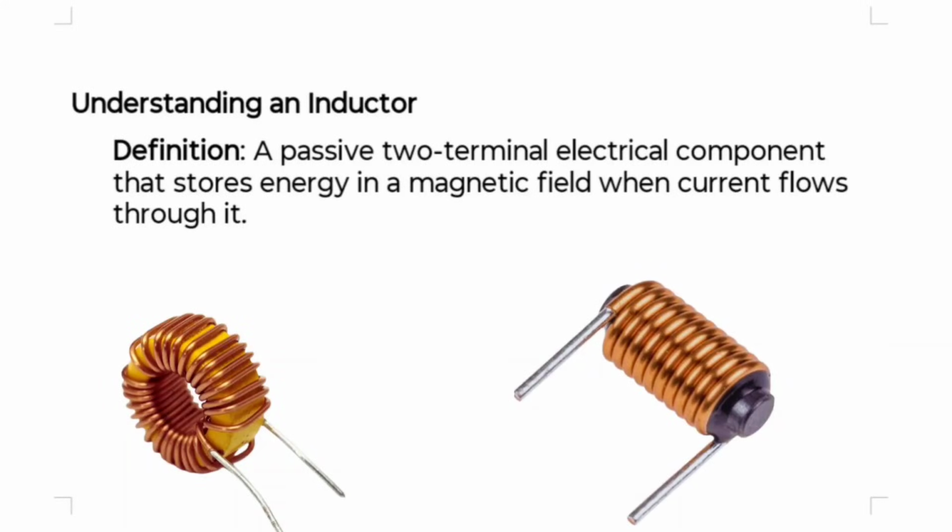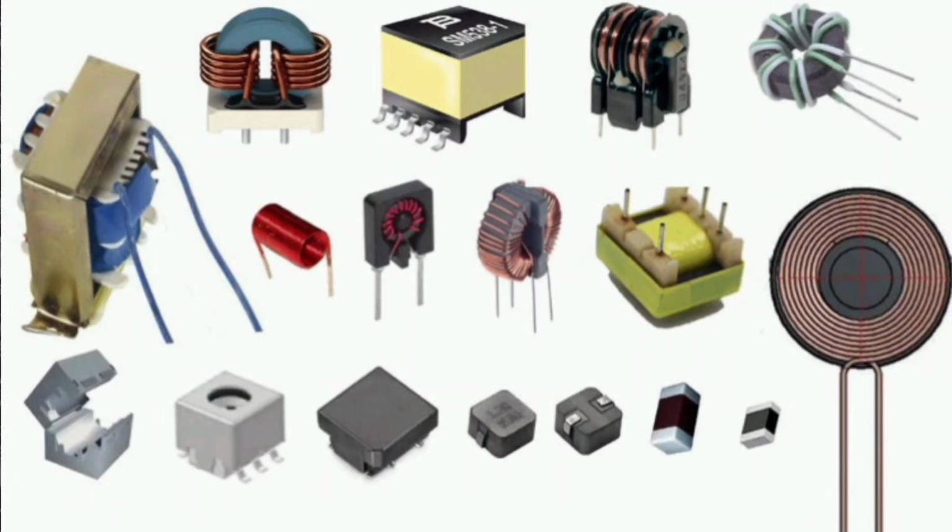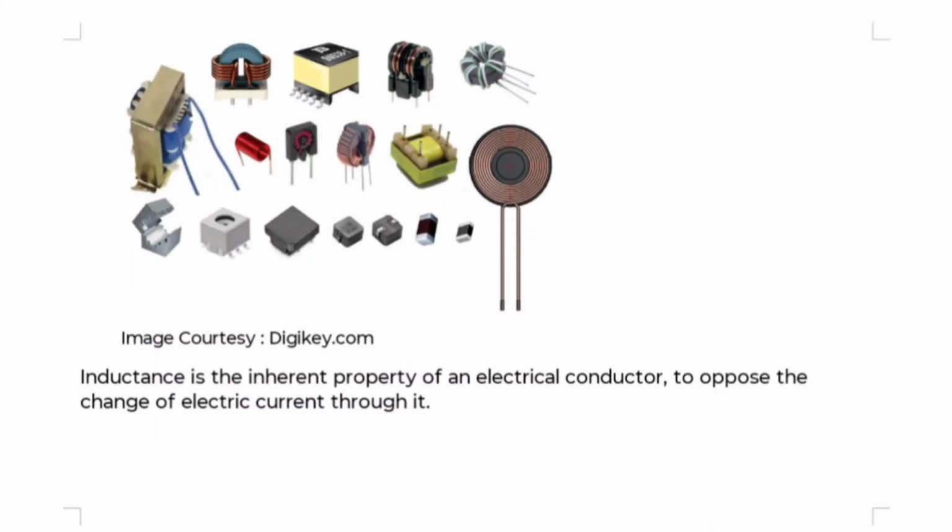By definition, an inductor is a passive two-terminal electrical component that stores energy in its magnetic field when current flows through it. Here are some pictures of different types of inductors. And inductance is the inherent property of an electrical conductor to oppose the change of electric current through it.